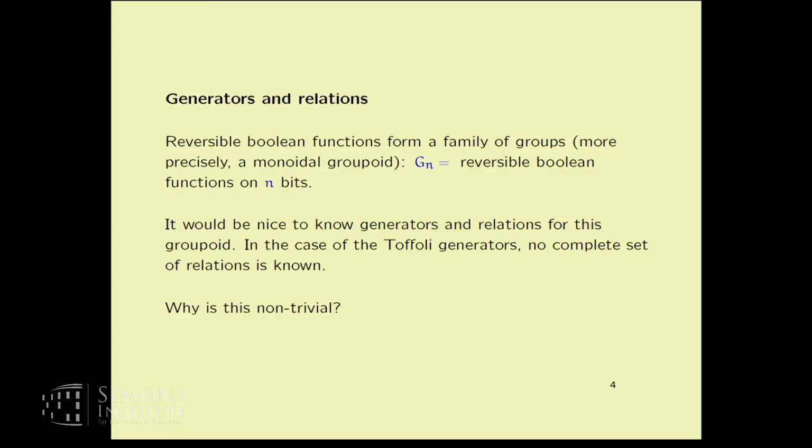What this means is that if you have a reversible function on n bits and a reversible function on m bits, then you get a reversible function on n plus m bits in the obvious way, by performing the two functions separately on each of the two sets of bits, right? So you get a monoidal category where all the morphisms are invertible. And that's nice when you talk about generators and relations.